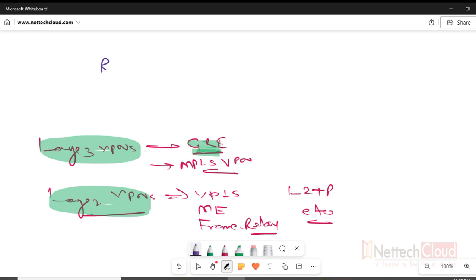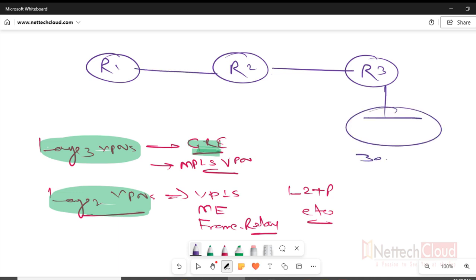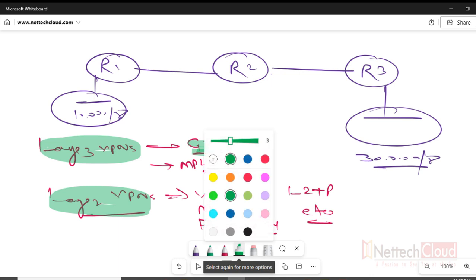Here there is one router R1, another router R2 in the middle of the communication stream, and R3 is the destination router. The network here is 30.0.0.0 and the source or sender network is 10.0.0.0. The objective is to ensure routing between both networks, 10.0.0.0 and 30.0.0.0.